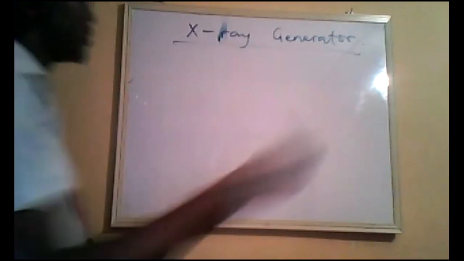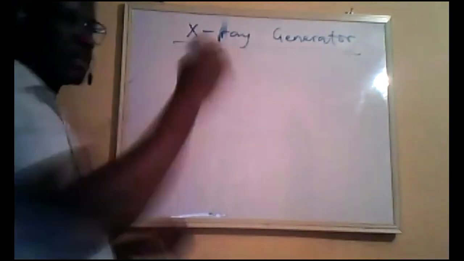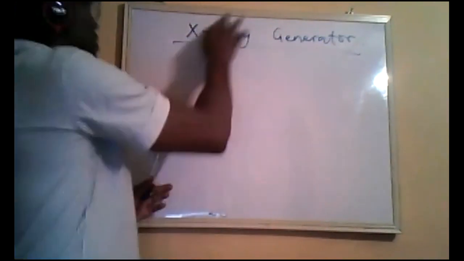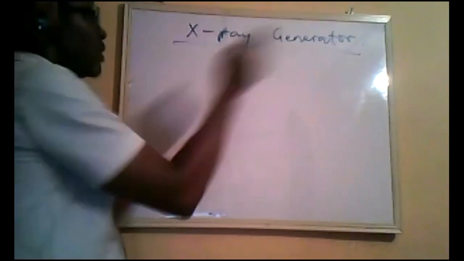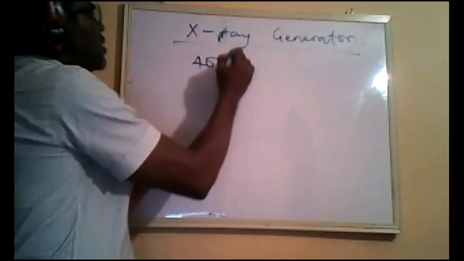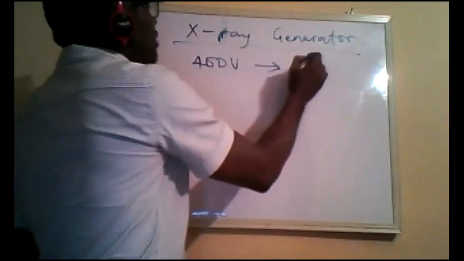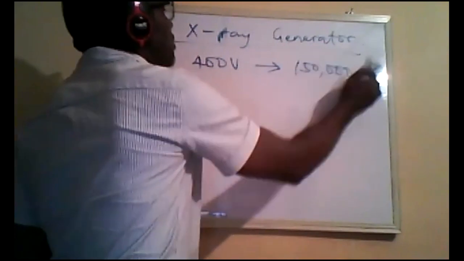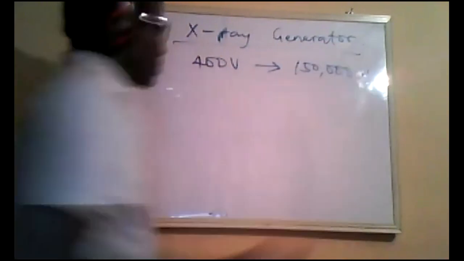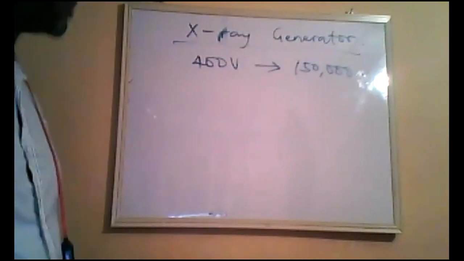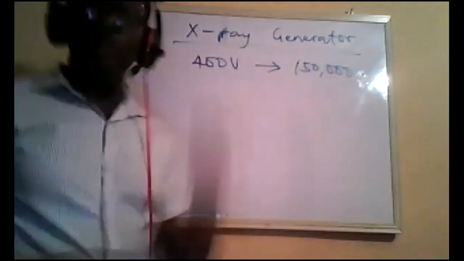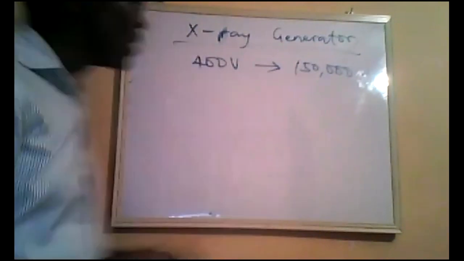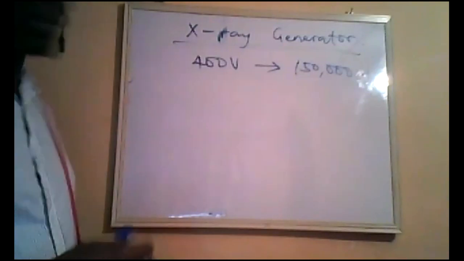So the X-ray generator actually operates, with the right equipment, to change the voltage from 400 volts to around 150,000 volts. How does it do that? It does that with the use of transformers, using the electromagnetic principle.